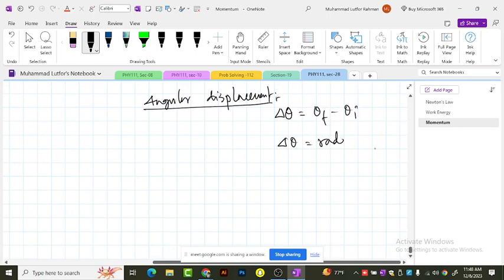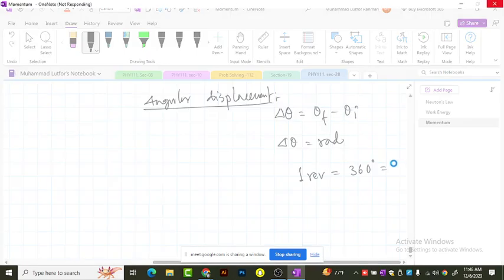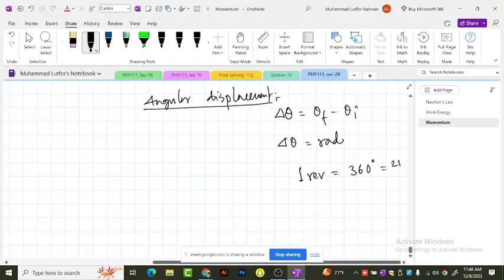This is also called one revolution, or in short, one rev. So one rev is 360 degrees, or twice pi radian.